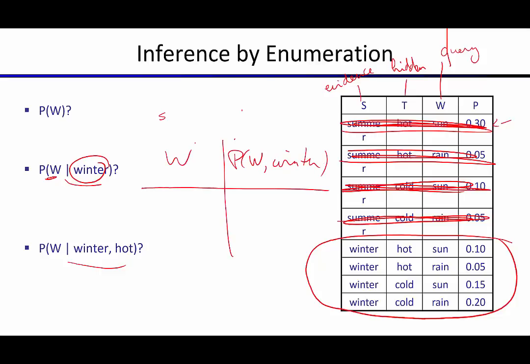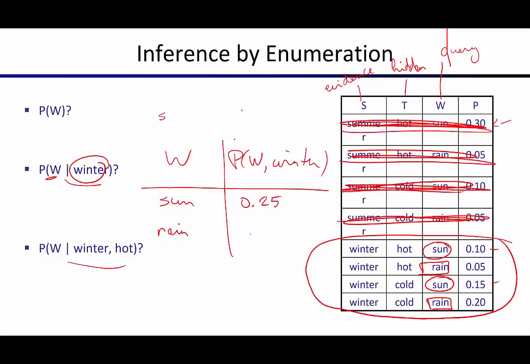Only variable is our query variable, W, which could take on the value sun or rain. For sun, we'll look at the corresponding entries, sun and sun, 0.1 plus 0.15, so 0.25. For rain, we look at the corresponding entries, rain, rain.